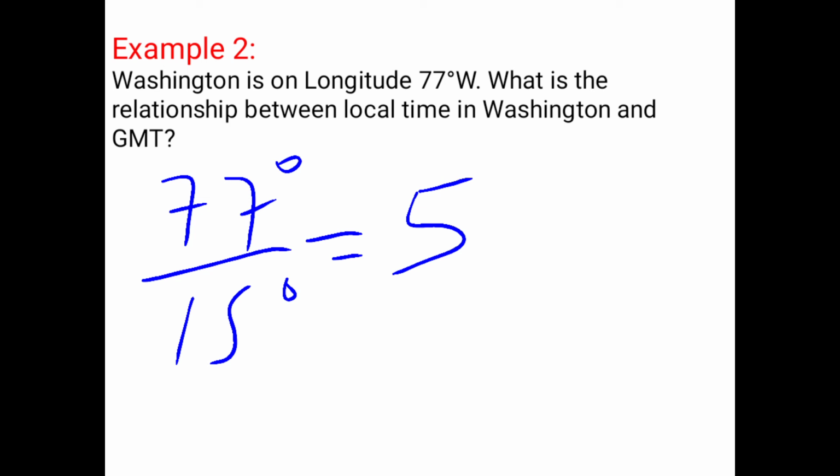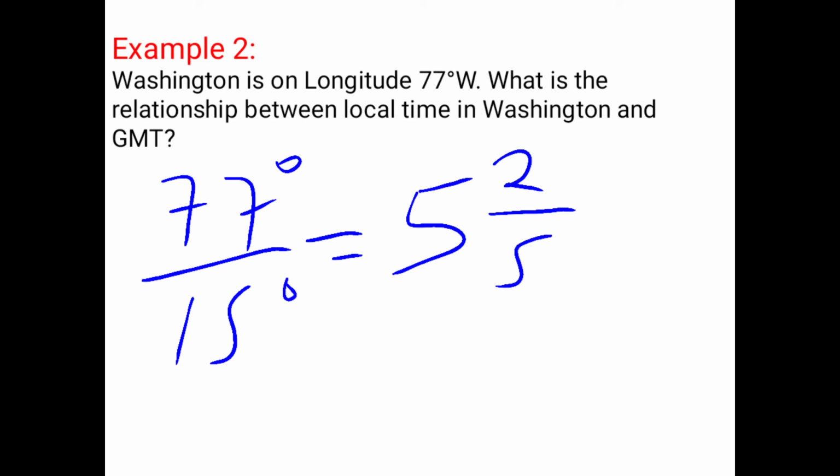The remainder is going to be 2. Okay, the remainder will be 2, because we are simply saying that 77 degrees divided by 15 degrees is 5, remainder 2 over 15.